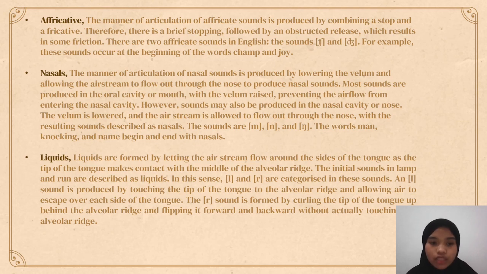The velum is lowered and the air stream is allowed to flow out through the nose, with the resulting sound described as nasal. The sounds are m, n, and ng. The words man, knocking, and name begin and end with nasals.